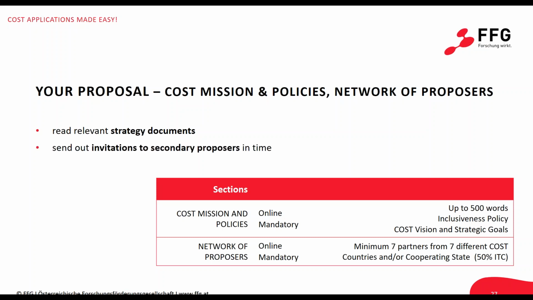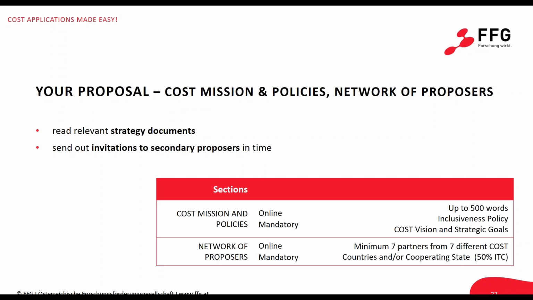And again, what I already said, when it comes to your network of proposers online, send out the invitations in time. That's actually a really easy thing to do online. You basically only have to add the name and the email address of the respective person that you want to add to the proposal, send out an invitation, they get an email and click on a confirmation link, and that's how they participate in the proposal. So there is no contract to be signed.